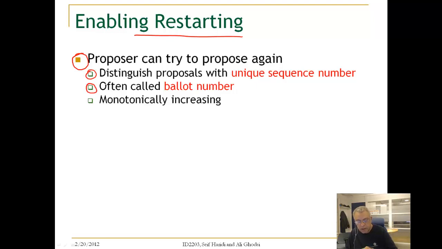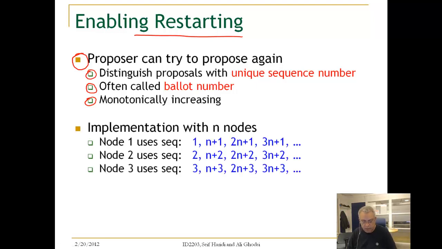We make each proposal carry a sequence number that is monotonically increasing. The ballot number should be monotonically increasing once you issue multiple proposals. How to achieve this? A possible implementation is as follows.